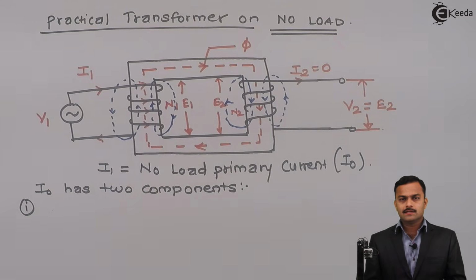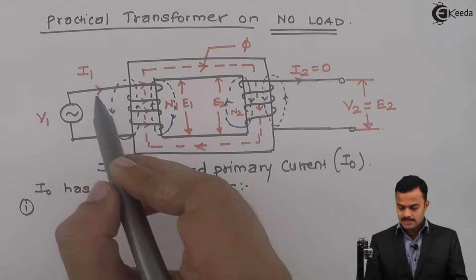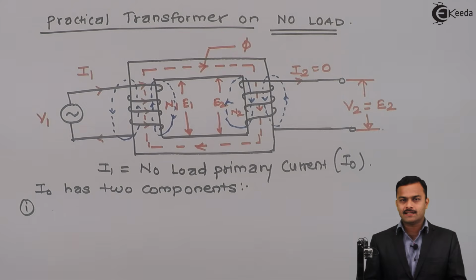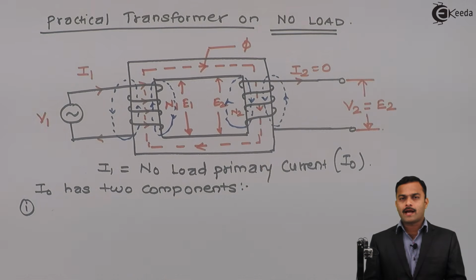If you see properly, there are two things happening over here. One is that magnetic flux is getting generated and passing through this core, because of which magnetic losses will appear, and those losses are nothing but hysteresis and eddy current.